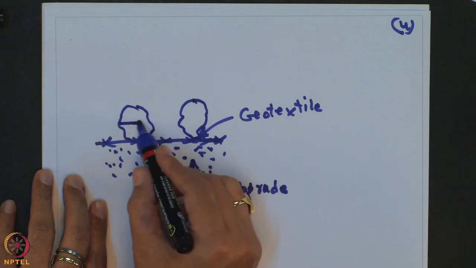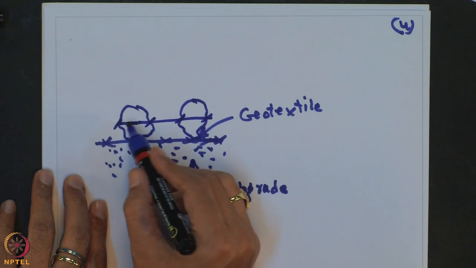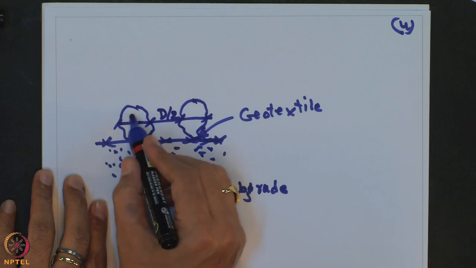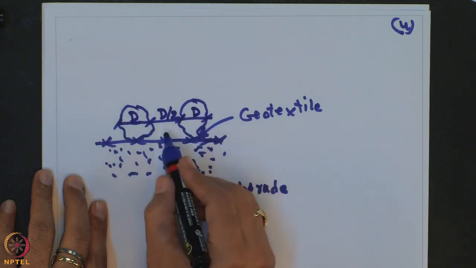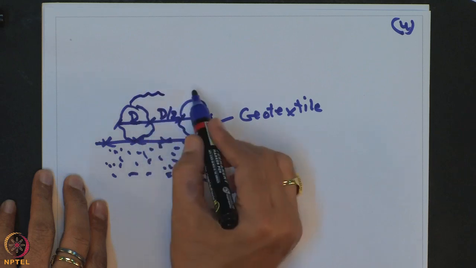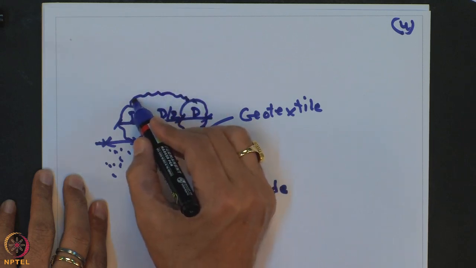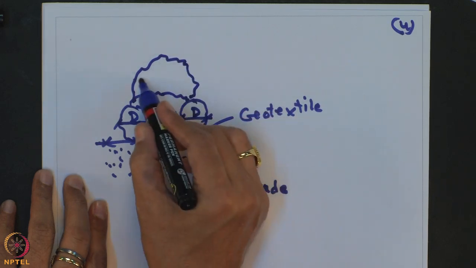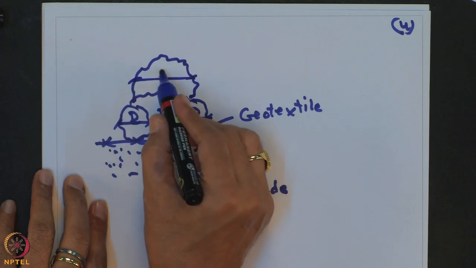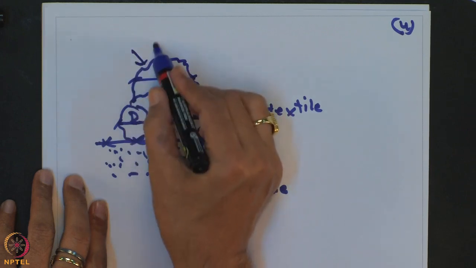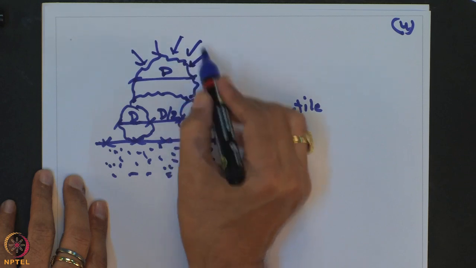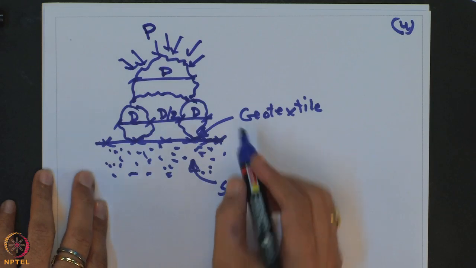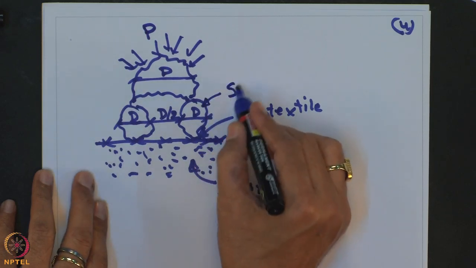And this diameter of the stone, let us say this is d by 2 and this distance is d, this distance is d, and on top of this there is another stone whose diameter, let us say, is d, and the pressure acting on this is designated as P. So, these are the stone.